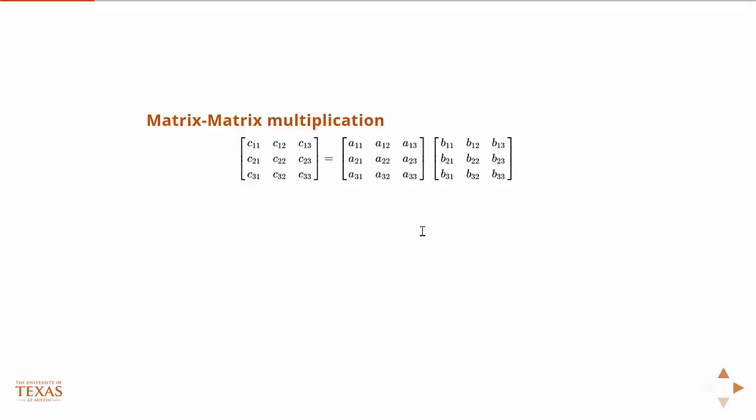In a matrix multiplication, we take the dot product of the first column of B with the first row of A to get the first entry of C. And then we take the dot product of the second column of B with the first row of A to get the C12 entry.